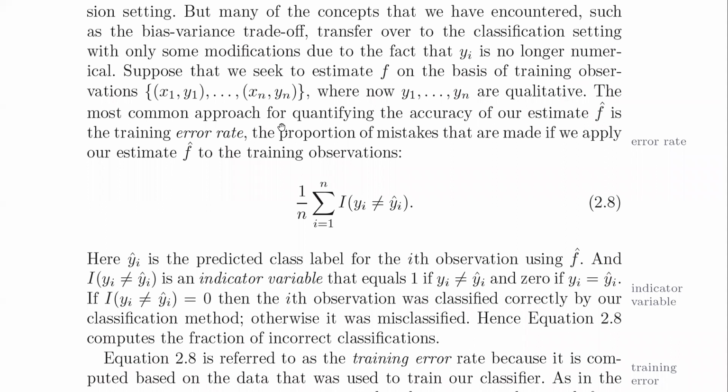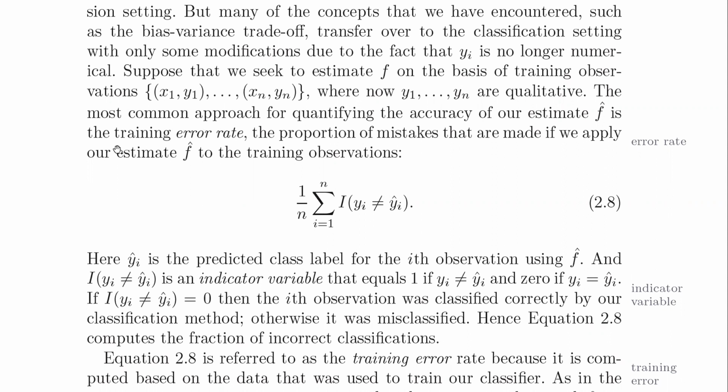The most common approach for quantifying the accuracy of our estimate F hat is the training error rate. So we're no longer going to discuss the mean square error for classification models. Now we have the error rate.